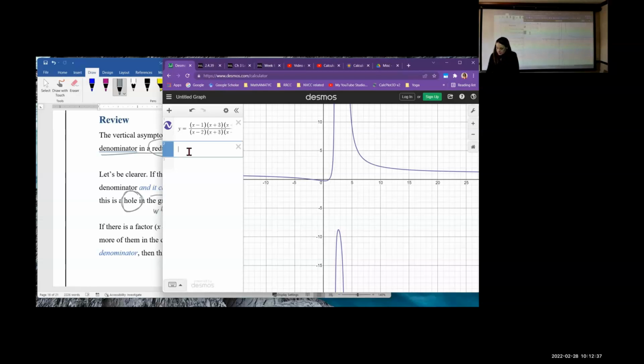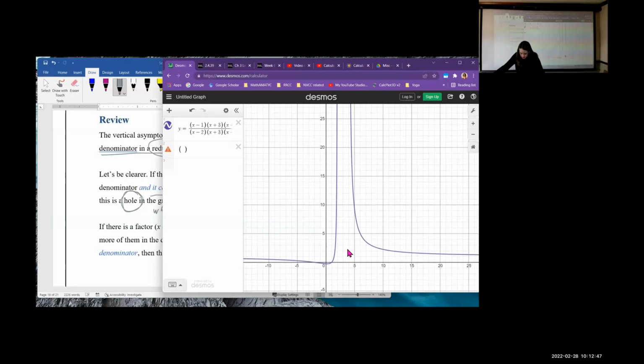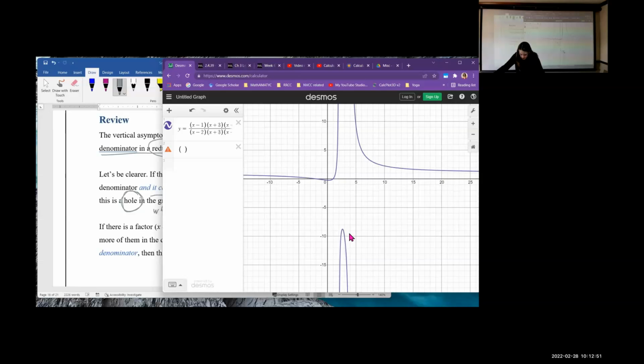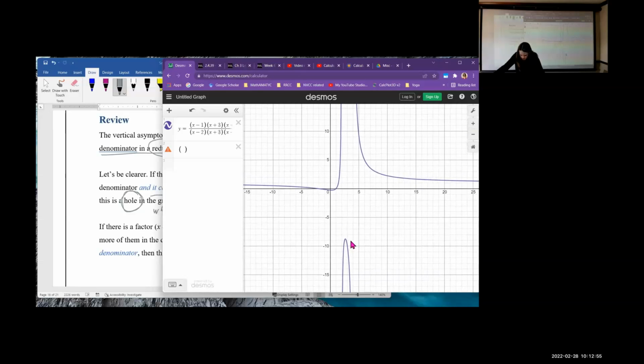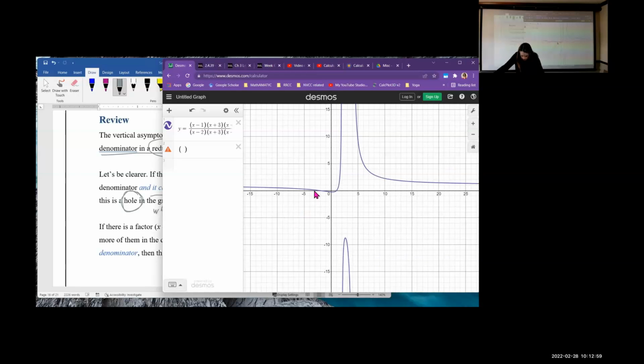So I'm going to graph the point. Well, let's see if I can even find it. It must be down here. I don't see it. Where was it? No, oh, -3. I'm looking in the wrong place. Okay, -3, undefined.